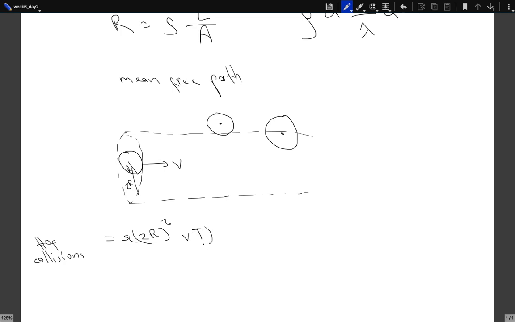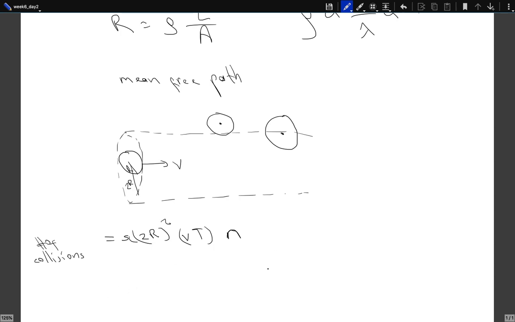The height will be v times t in a time t. The number of other molecules inside this volume is the volume times the number density. This is the number of collisions in a time t.